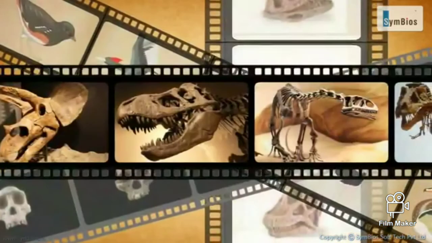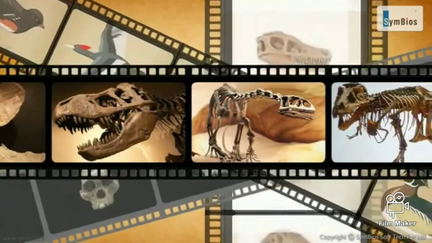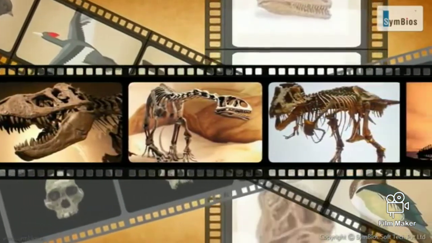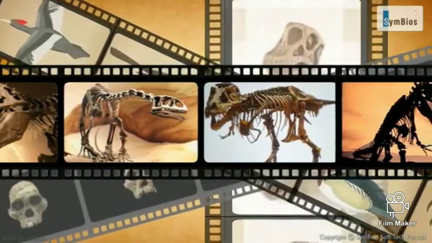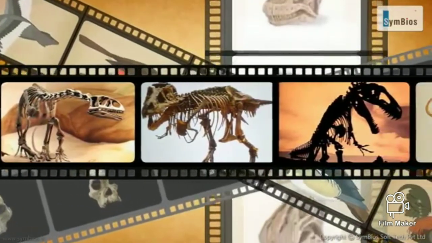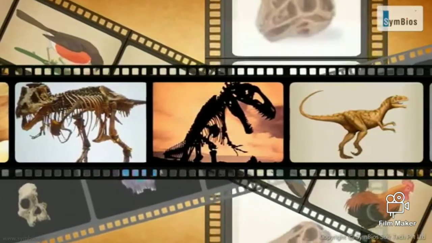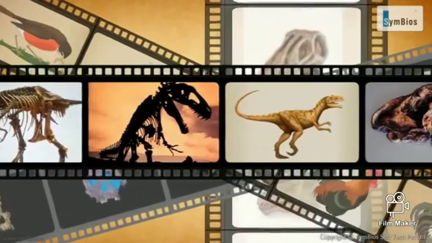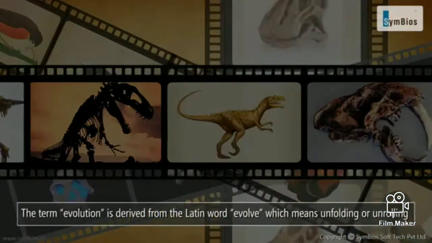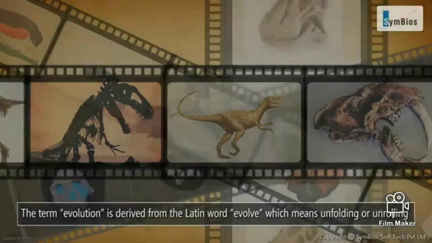Introduction. Various biological studies state that the diversity of life on Earth is the outcome of evolution, and all life on Earth evolved from a common ancestor. The term evolution is derived from the Latin word evolve, which means unfolding or unrolling.